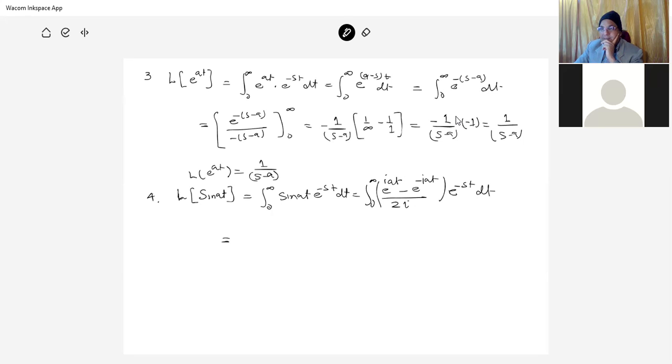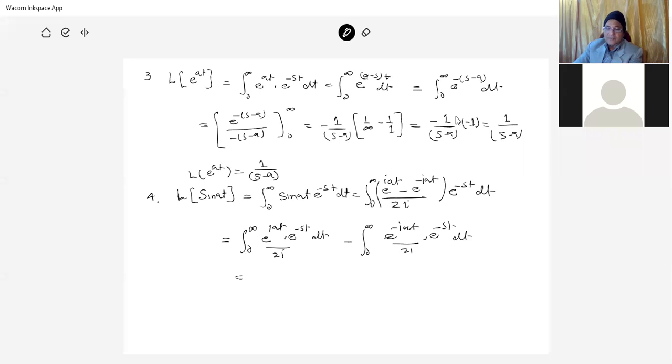we find that the factor is 0 to infinity e raised to the power iat into e raised to the minus st dt upon 2i, minus 0 to infinity e raised to the power minus iat into e raised to the power minus st dt upon 2i.